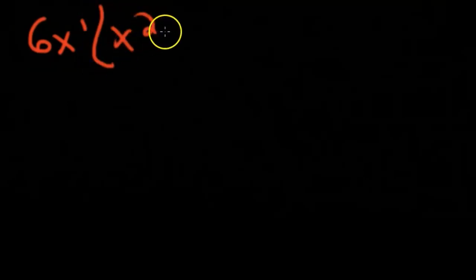Now let's go ahead and do another problem. Let's multiply a monomial by a trinomial. What's the first thing you do in this problem? So we have 6x to the first, x squared minus 4x to the 1 power plus 5.